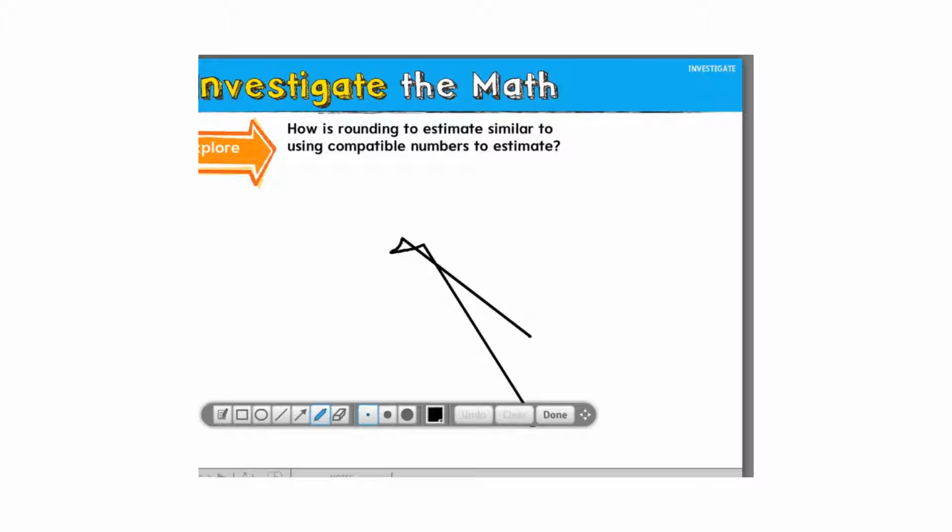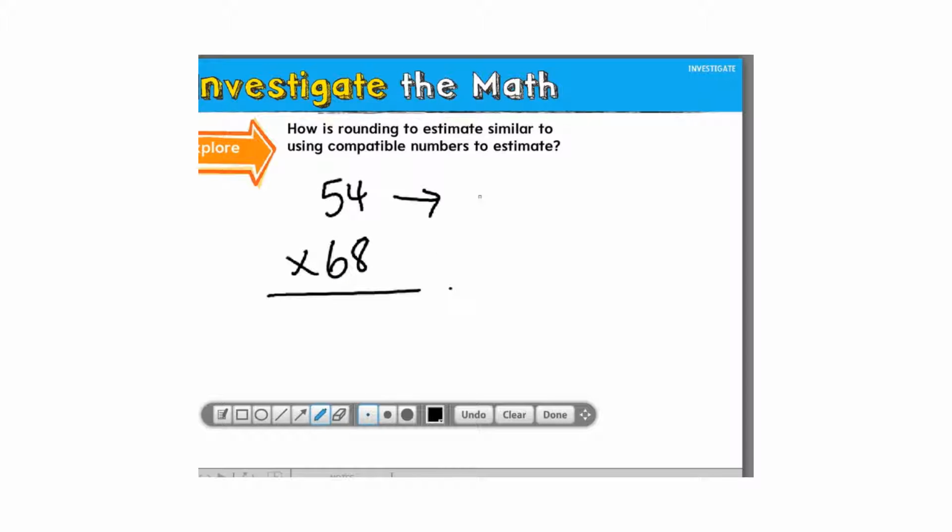Hold on. 54 changes to 50. And then 68 is going to change to 70, because that's closer to the 70. And then we're going to do 5 times 7, and we get 35.